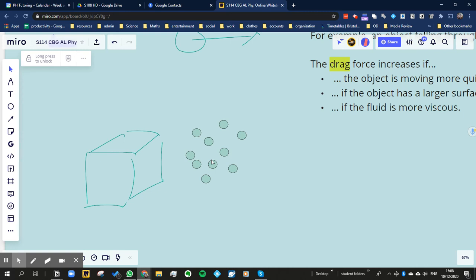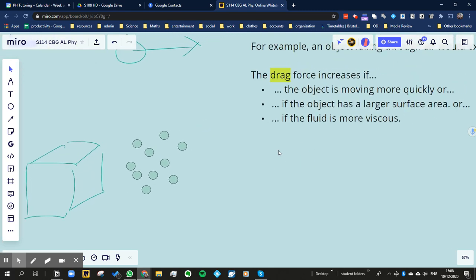The object has to move them out of the way, and as anything moves through air or liquid or any sort of fluid, the particles will hit it as it's going through. Now you can imagine that if something's moving more quickly, it's going to be colliding with these particles more frequently and also with greater force.